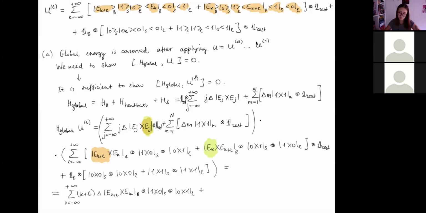So this term will only survive if J equals K. So here we would get the sum from K minus infinity to plus infinity, K delta, EK plus L on battery. All the other stays the same.